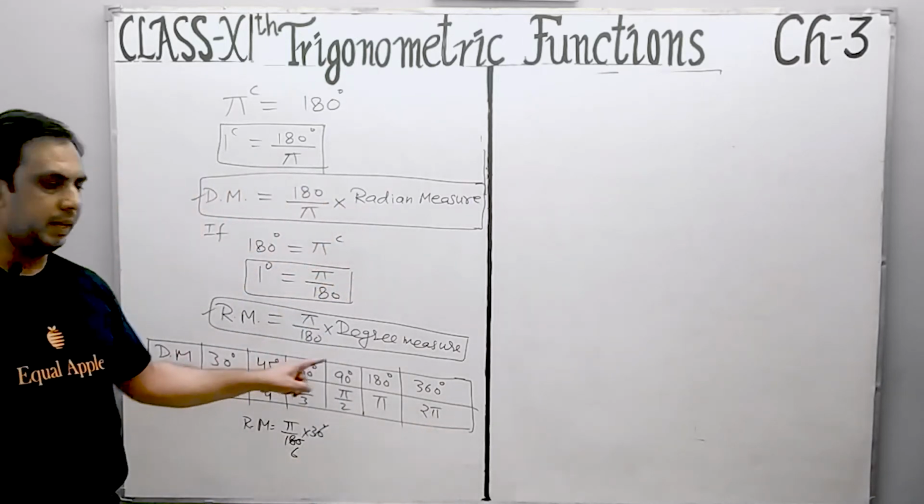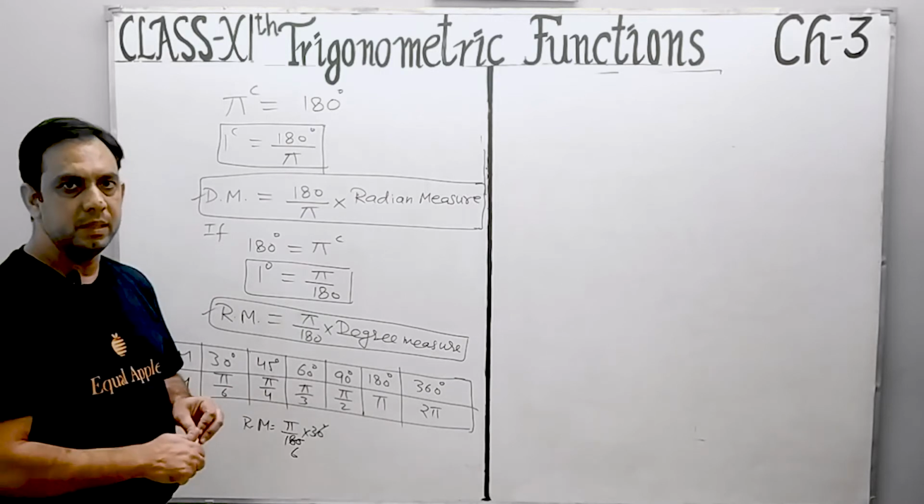So this is the value in degree measure, and this is the value in radian measure, right?